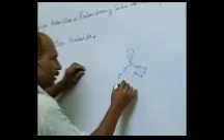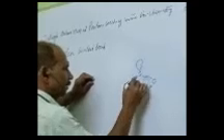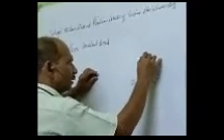I am taking another example. These are the simple examples. Sulfur dioxide. In case of sulfur dioxide, one bond is like this, another bond is like this, and this is directed towards this.